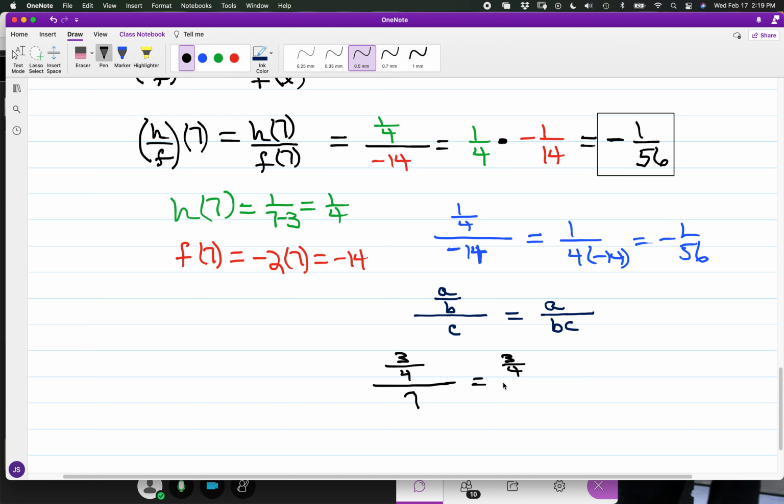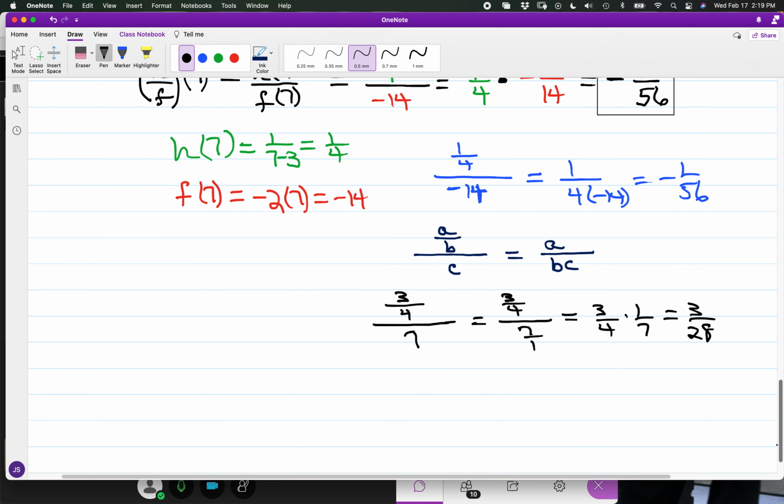If you see a whole number, think of it as 3/4 divided by 7 over 1. Either way, that would still come out to 3 over 28. But yes, you can write a number, even if it's in the denominator, as a number and then just flip it, and that will be your result.